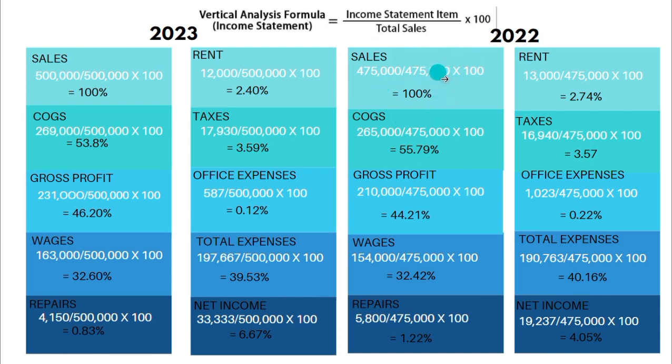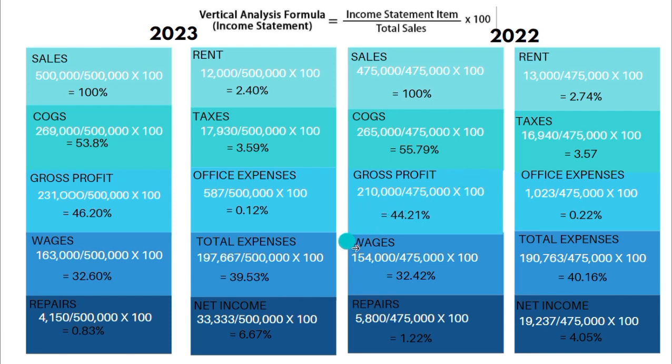For the cost of goods sold, meron silang 265,000 na amount, divide by 475,000 which is yung sales times 100 is equals to 55.79%. Sa gross profit, meron silang 210,000 gross profit noong 2022 and sales na 475,000, di-divide lang ulit, times 100 is equals to 44.21%.